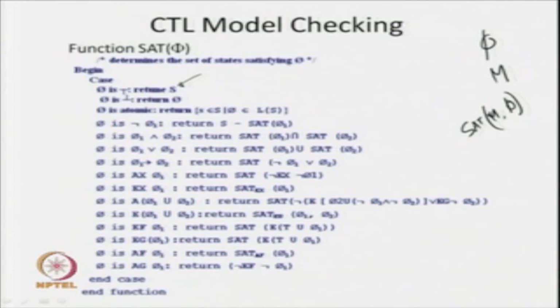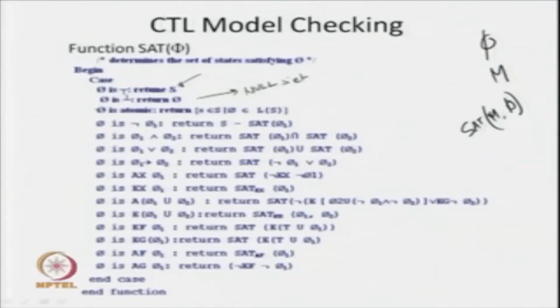If the given formula phi is false, bottom, then it will return the null set. This is basically nowhere true, so it is going to return the null set, because the root value false is false everywhere. So, it will not label any state with this particular false.